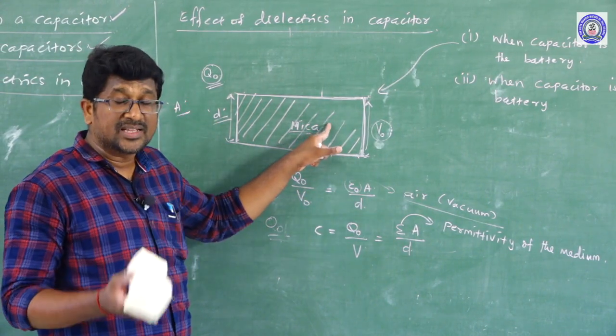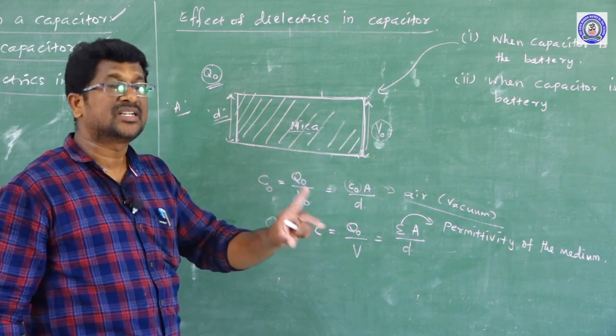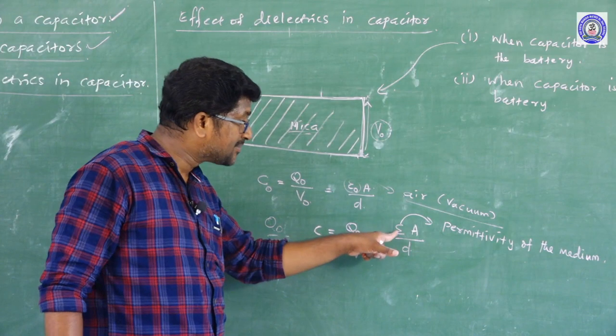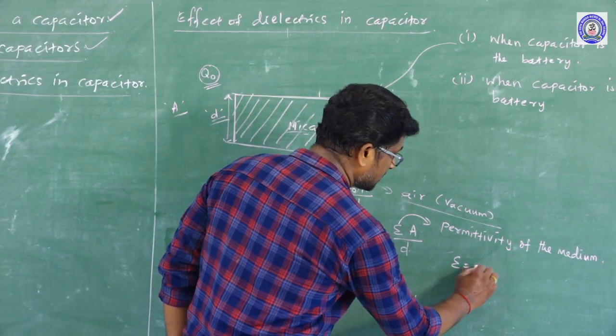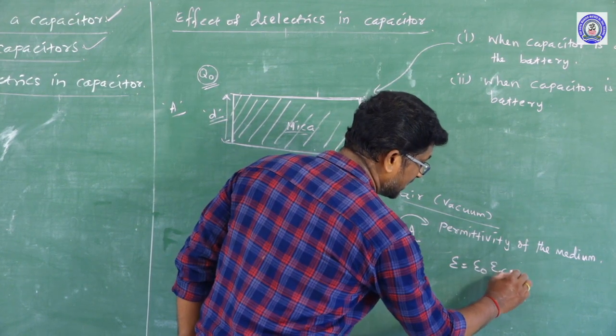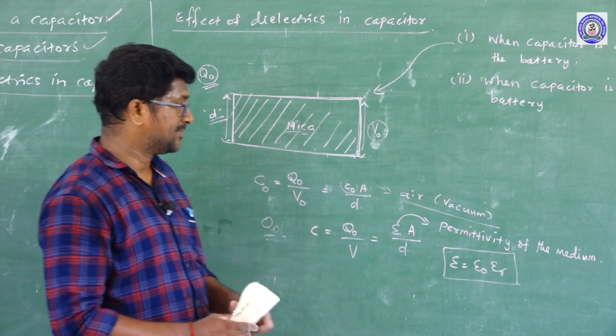If the medium between the plates of the capacitor is other than air or vacuum, the capacitance is given by C is equal to epsilon A divided by D. Epsilon is equal to epsilon naught into epsilon r.